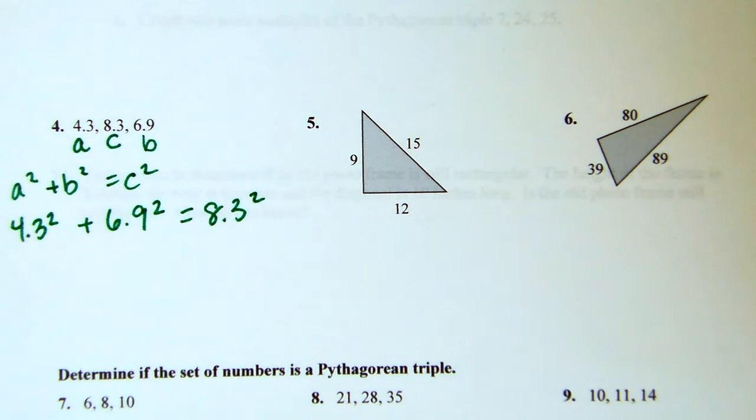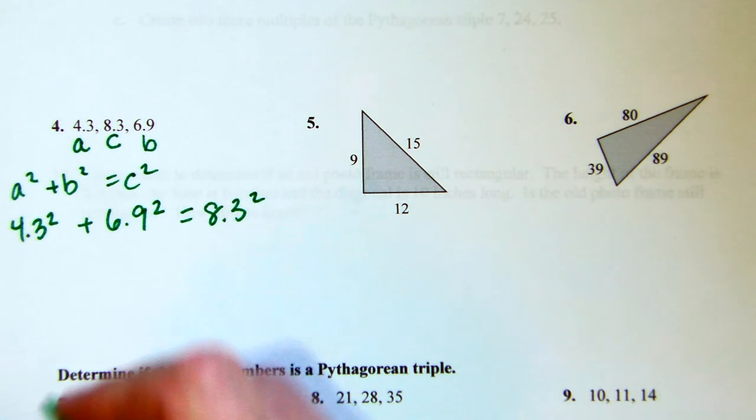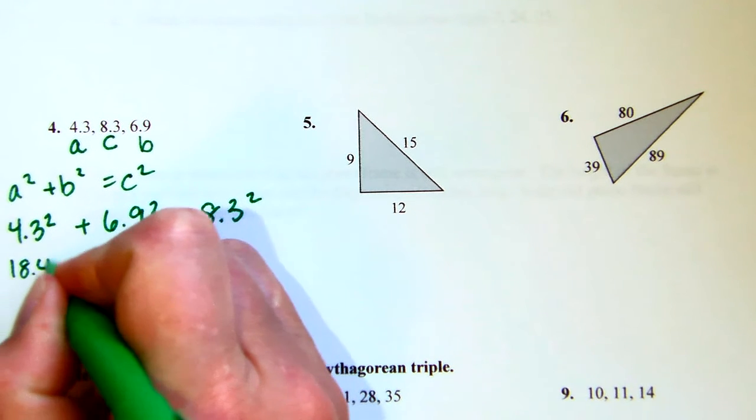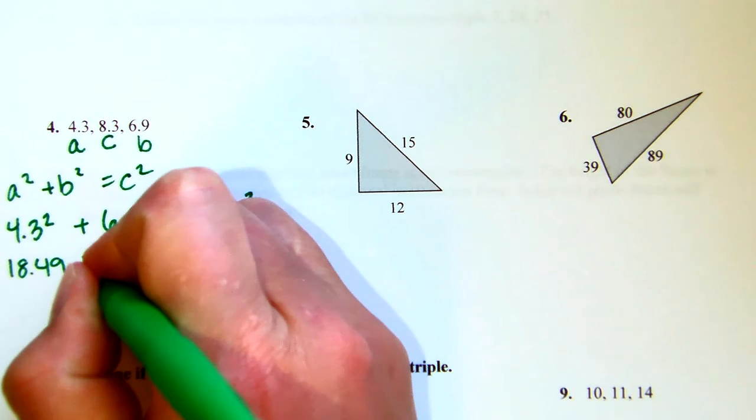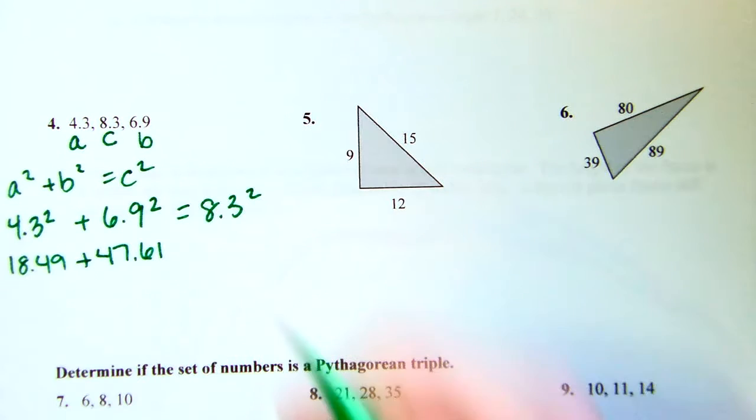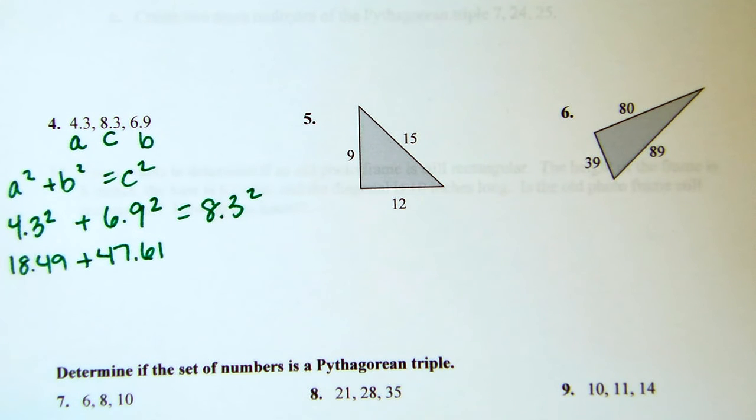Now, 4.3 squared is 18.49. 6.9 squared is 47.61. And 8.3 squared is 68.89.